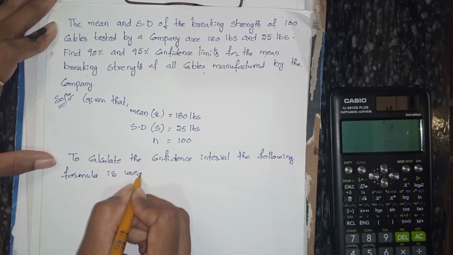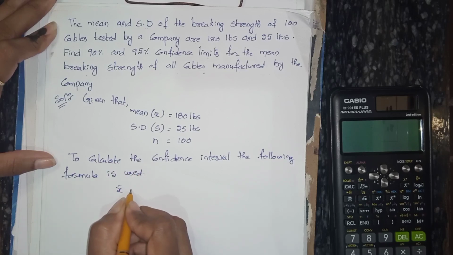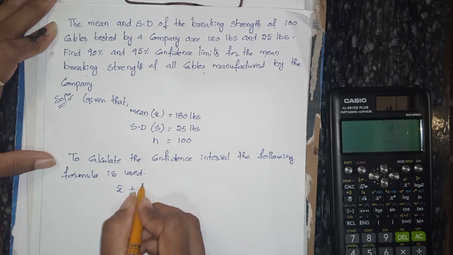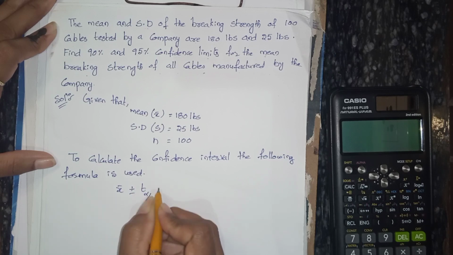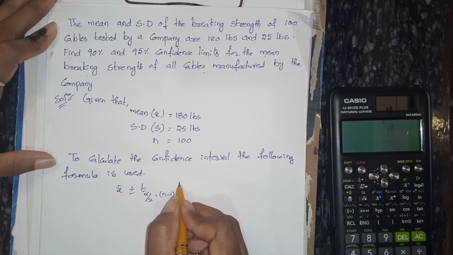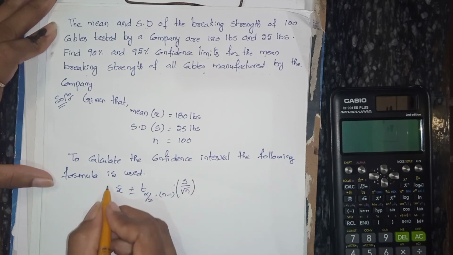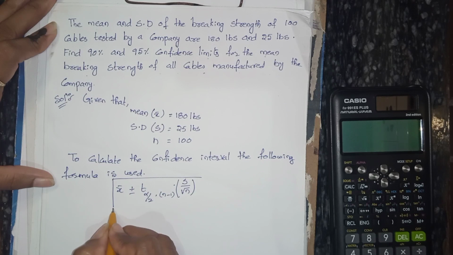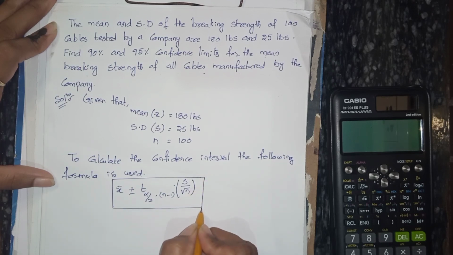What is it? x bar plus or minus t alpha by 2, comma n minus 1 degrees of freedom, into S by root n. This is the formula in order to calculate confidence limits.